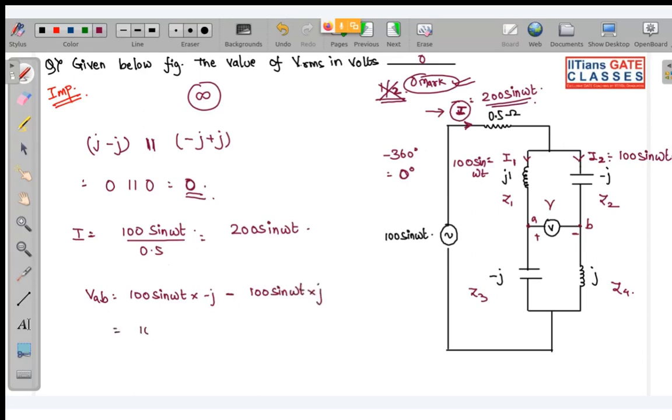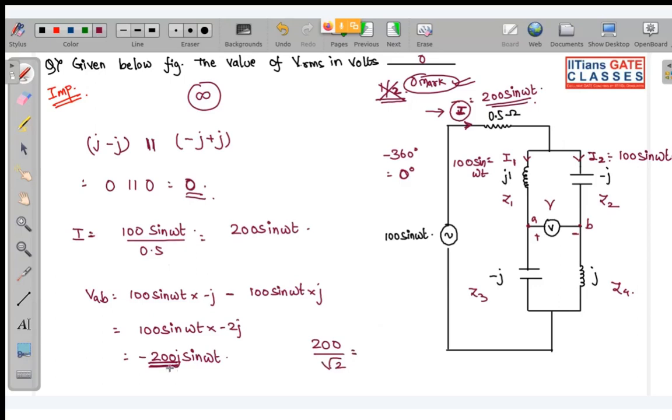So this will be 100 sine omega t into minus 2j, or minus 200j sine omega t. Now we have to measure the RMS value. RMS value cannot be negative, we just have to take the magnitude. So it will be 200 by root 2, because this is a sinusoidal signal.